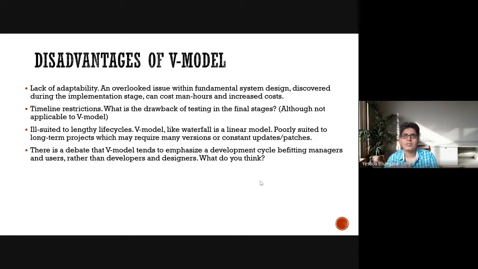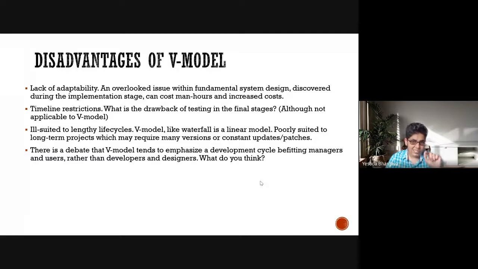So usually testing is done in much haste, so try to avoid that kind of error. And the V model may not be suitable for lengthy life cycles, and it is not very suitable for long-term projects, which may require many versions or constant updates.